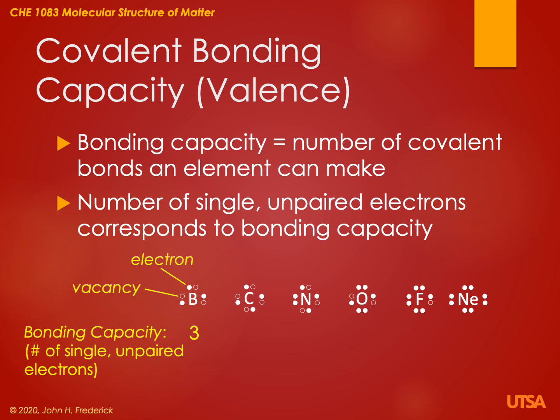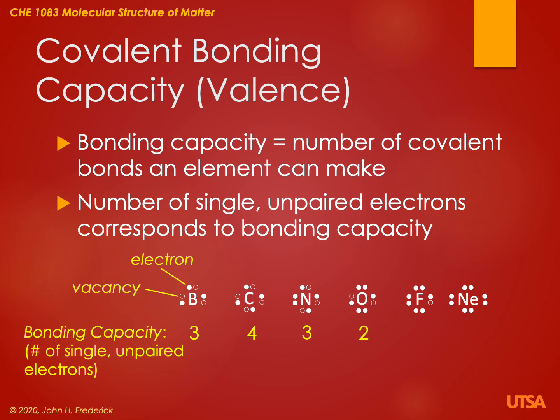In carbon, I think it's pretty clear, it's got 4 electrons and 4 vacancies, so with 4 unpaired electrons, it has a bonding capacity of 4. Now we need to be a little careful when we get to nitrogen, because it has a pair of non-bonding electrons on the left-hand side. It has 3 unpaired electrons along with 3 vacancies, so it has a bonding capacity of 3. It can only make 3 more bonds.